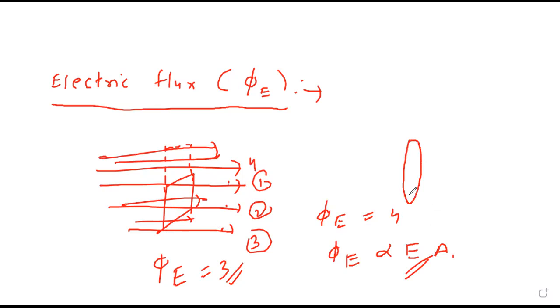If this is coil, and field is inclined like this, then we have to consider its component, which will be E cos theta. So flux is always those lines of electric field which are perpendicular to the plane surface placed in the path of the field.